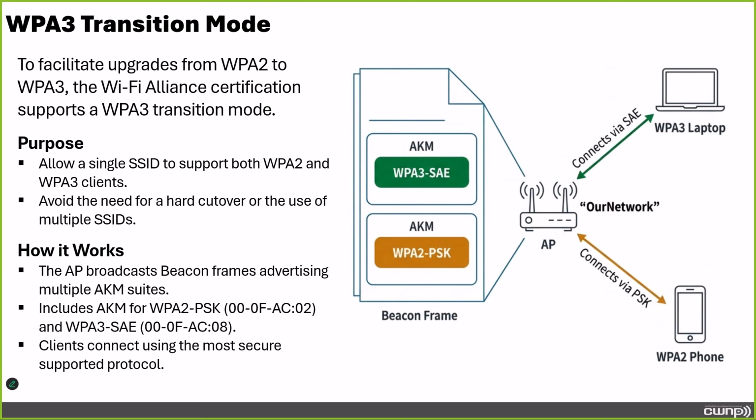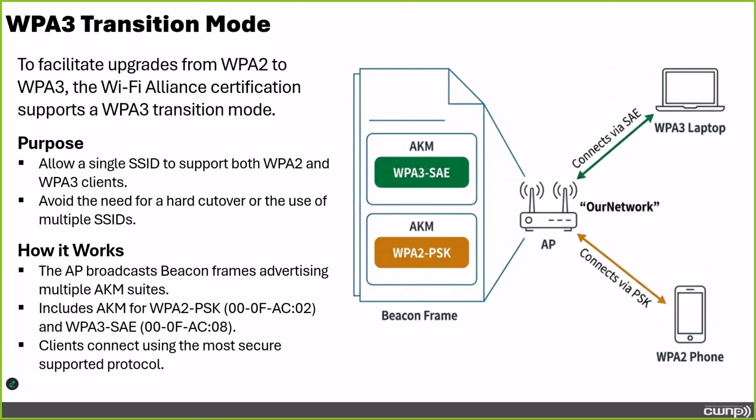But it's not really implemented consistently or at all by many vendors. And it can even break clients because of the way the clients try to implement it. I'll talk a bit more about that in just a second. But the key thing is with transition mode, the AP is broadcasting a beacon frame that advertises multiple AKMs. And so the client will use the one that it can support.